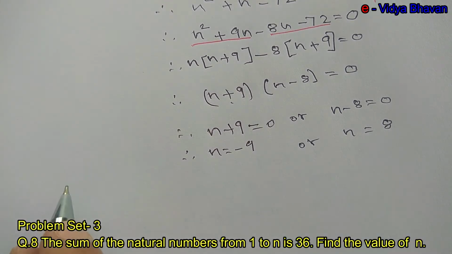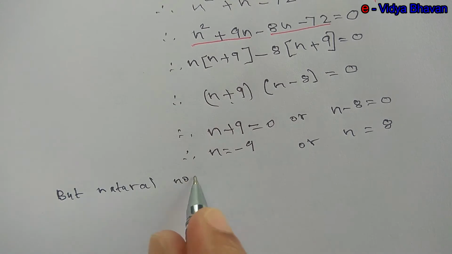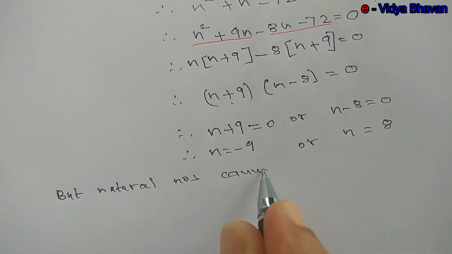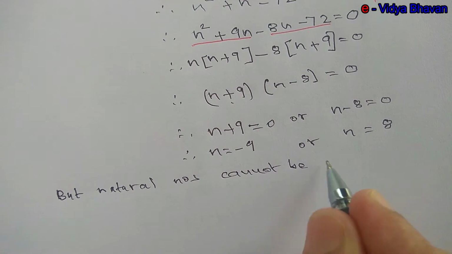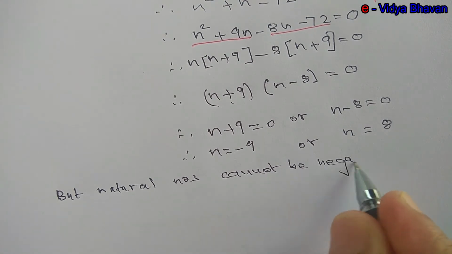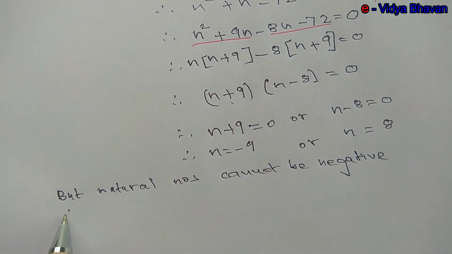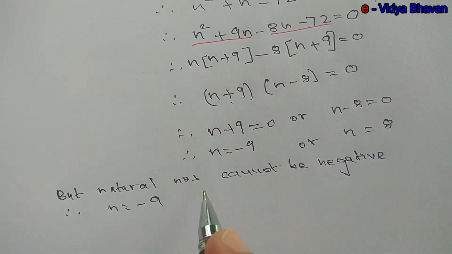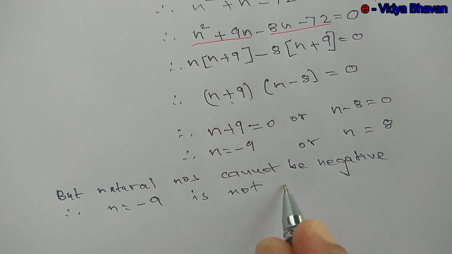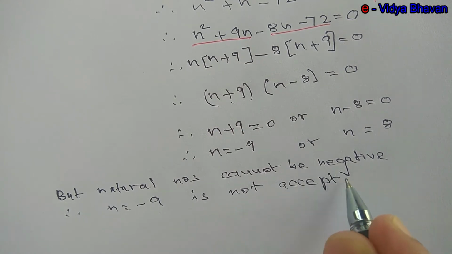But we can write a reason here. But natural number cannot be negative. Therefore, n equal to minus 9 is not acceptable.